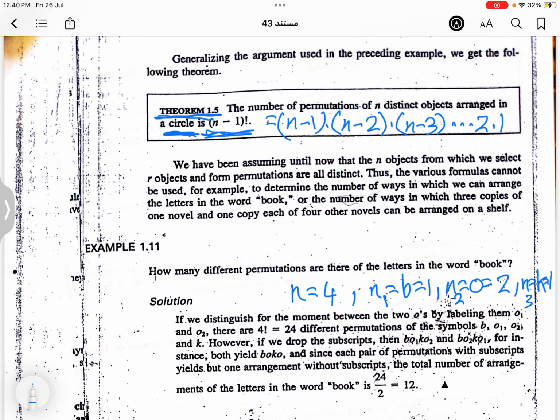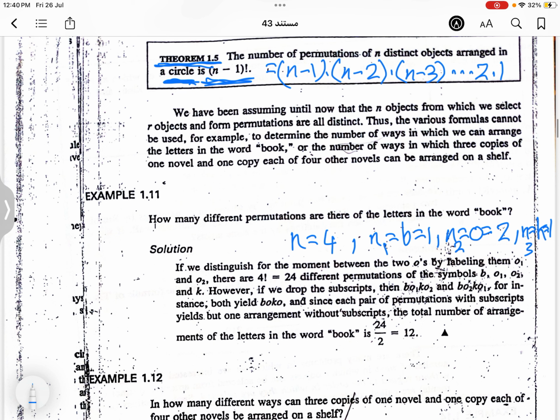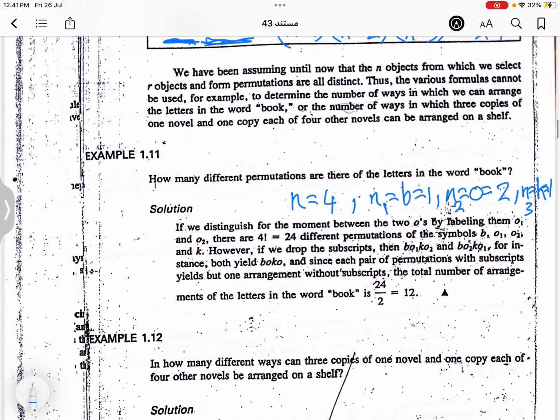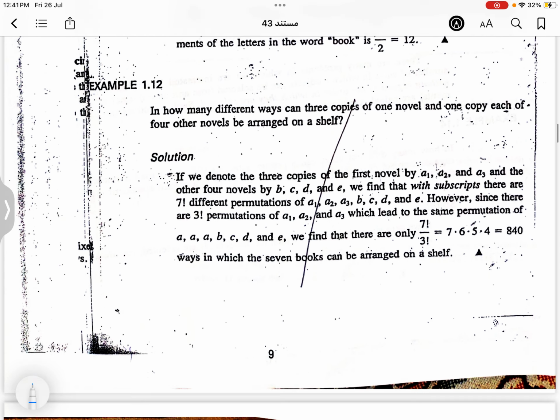We can solve it another way with the next theorem, but here you have 4 factorial, which is 24. But since you have O twice, you will have 4 factorial over 2 factorial, which is 12 ways. This is example number 12.